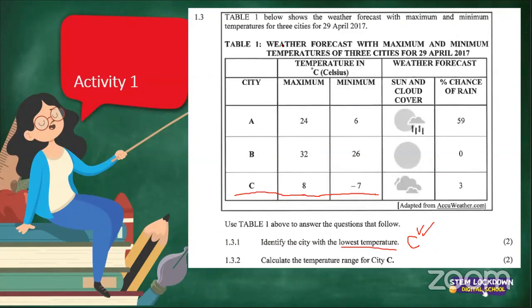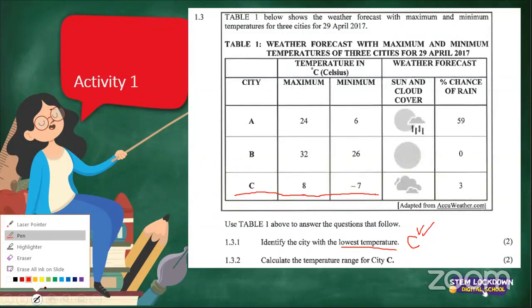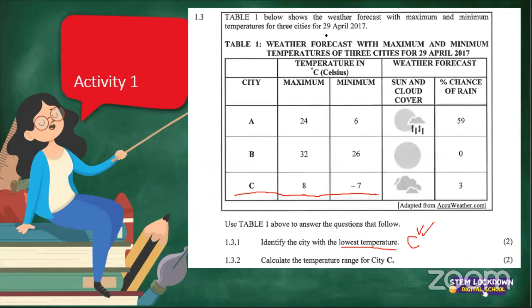Let me just refresh your memory for some of you who might have forgotten. When I say range, basically you're using this formula. I can see for Tumelo, the answer is 15 degrees.